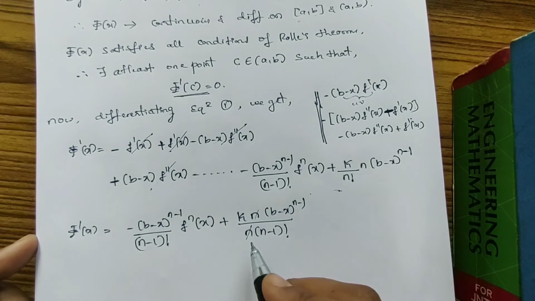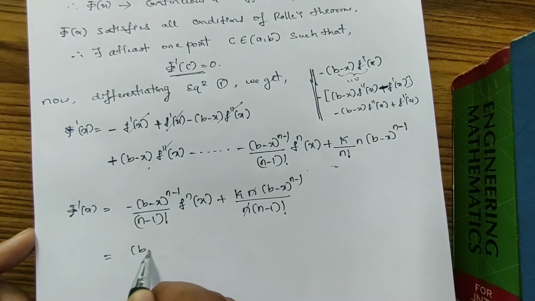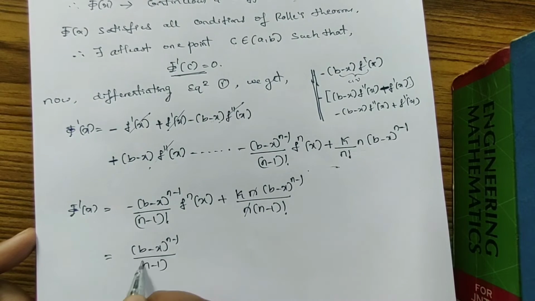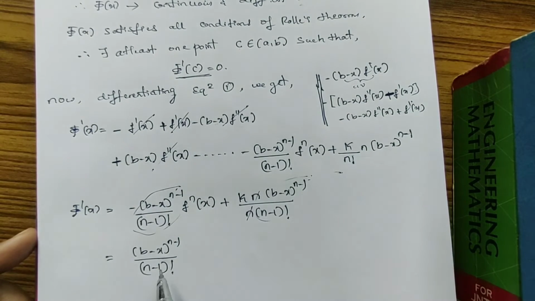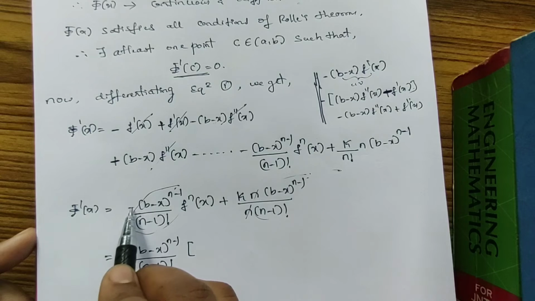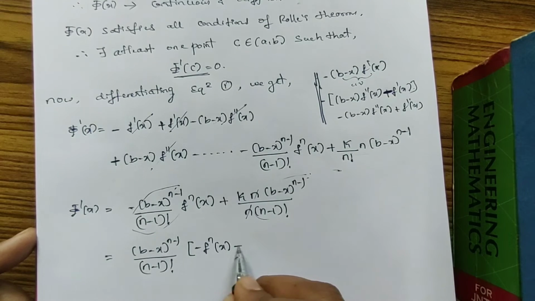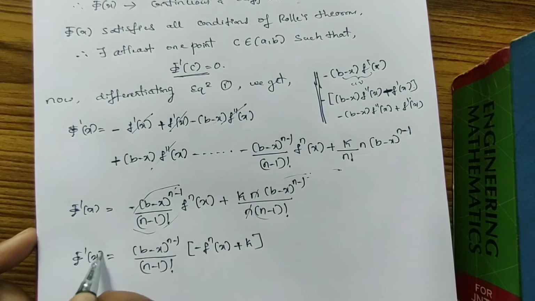So here n will get cancelled. From this term, we will take b minus x to the power n minus 1 divided by n minus 1 factorial as common. So this term and this term we take as constant. Then the remaining term including negative is minus f power n of x plus the remaining term is only k.